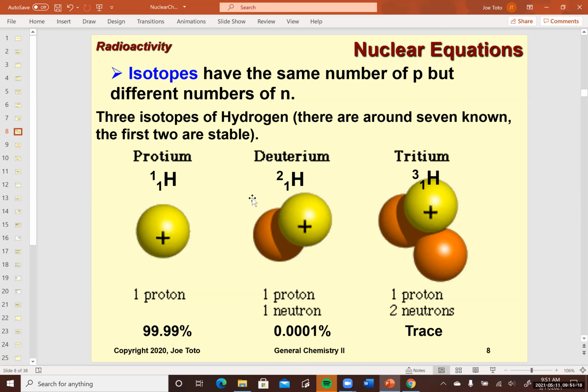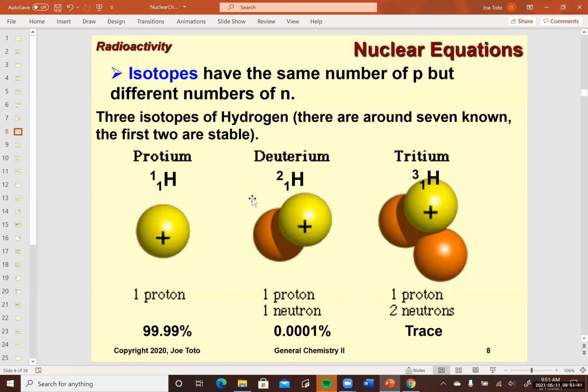They have the same makeup of atoms. Isotopes refer to the nucleus, and they also refer to a specific type of element. So hydrogen has isotopes, helium has isotopes, lithium has isotopes, and so forth.